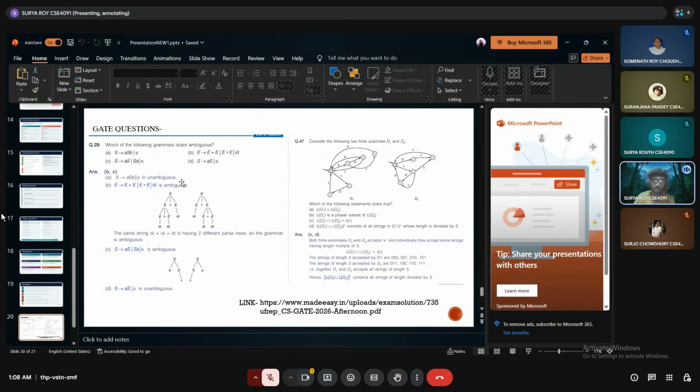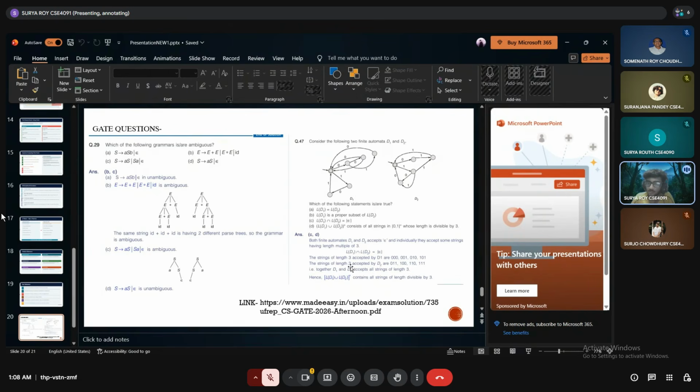The next question, we have two DFAs, and we have to determine which of the following statements are true. We have four statements here, and the answer should be C and D, because both finite automata D1 and D2 accept epsilon, and individually they accept some strings having length multiple of 3. L of D1 intersection L of D2 equals epsilon.